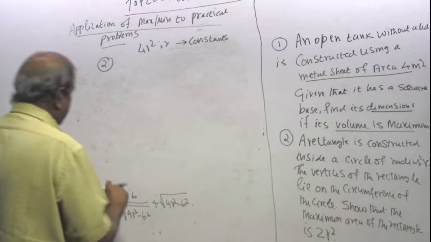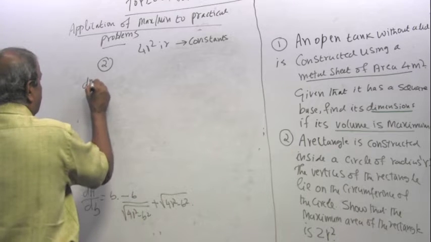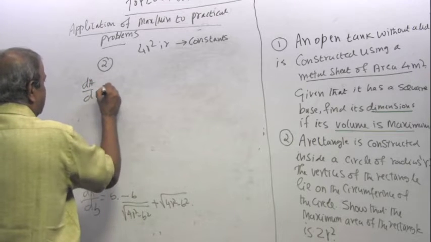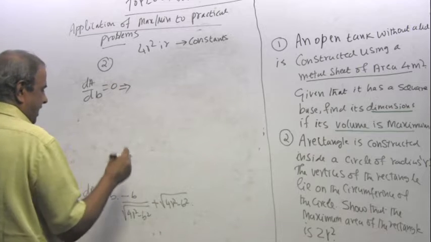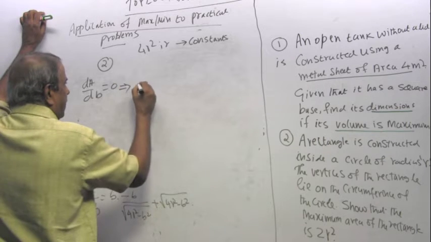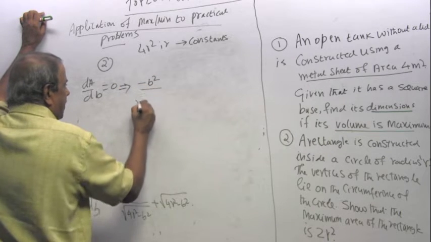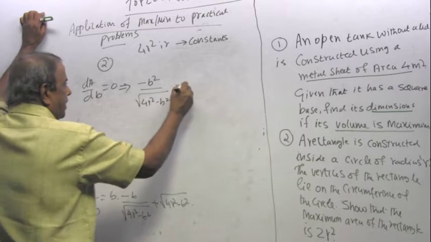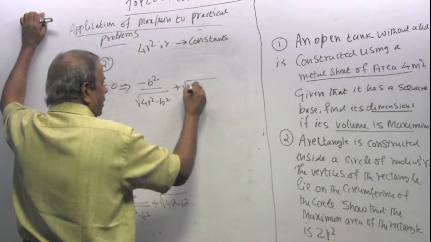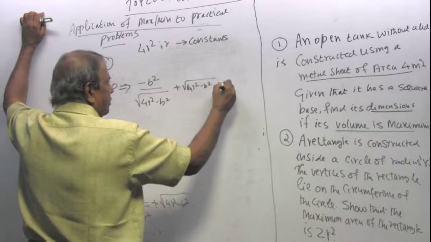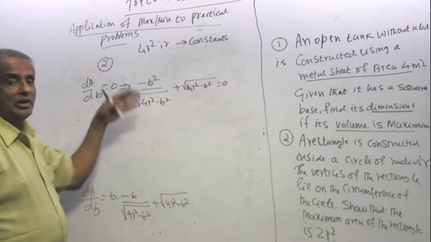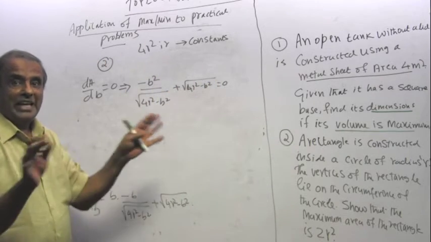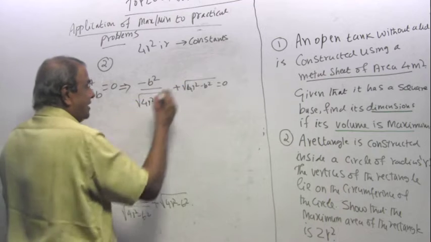So can we simplify this? Look, don't try to take the LCM. This way you must use common sense. Don't take the LCM, equate it to 0. So what do I get? Minus B squared over root of 4r squared minus B squared, plus root of 4r squared minus B squared, equal to 0. What do you do? Take LCM, simplify, get rid of the mess? No, take this to the other side.